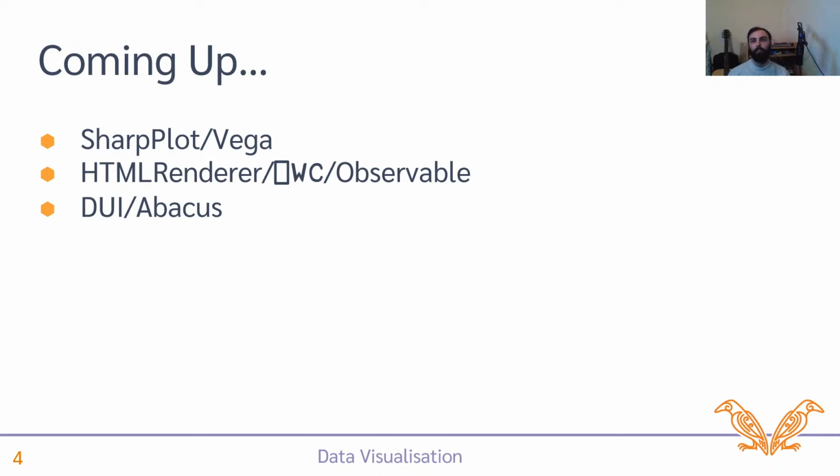I'm going to talk about a package that comes with Dyalog called SharpPlot, and a new kid on the block, well, relative to APL, called Vega. These are both plotting libraries, but I'll get into the details in a moment.